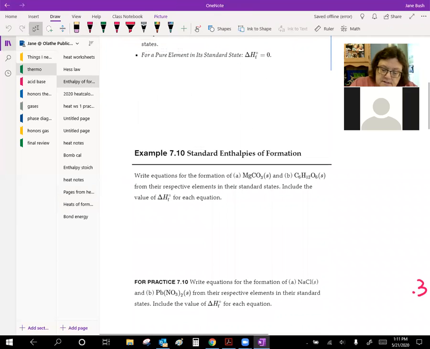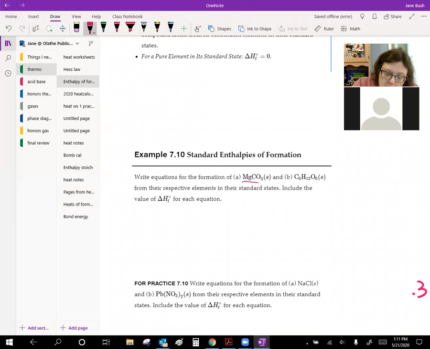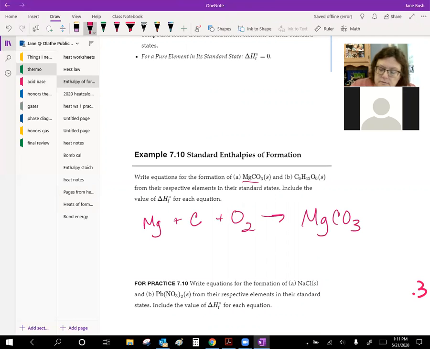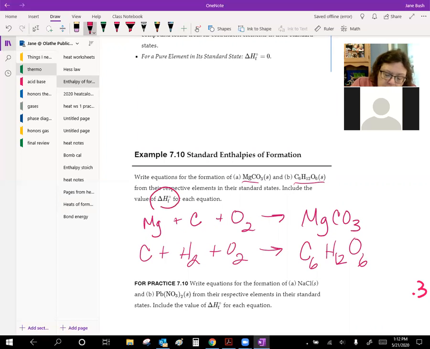So in this example here, magnesium carbonate, you would have magnesium plus carbon plus oxygen producing magnesium carbonate. For sugar, it's carbon plus hydrogen plus oxygen. So when it asks you for heat of formation, that's what it's asking for. And that little f means formation.